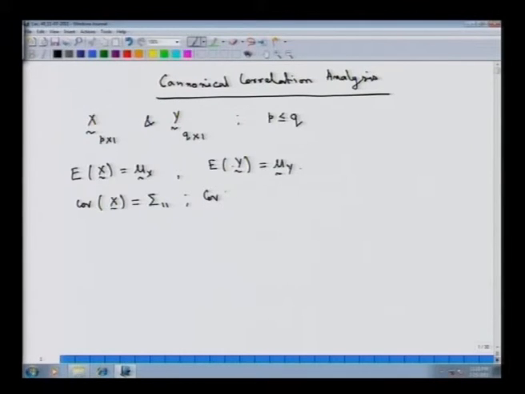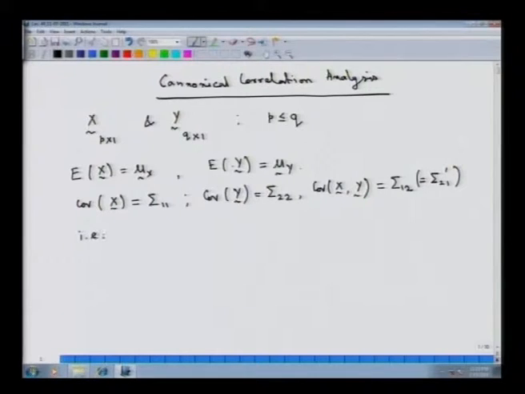The covariance matrix of y is denoted by sigma 2 2, and the covariance matrix between the x vector and the y vector is given by sigma 1 2, say, which is equal to sigma 2 1 transpose. That is, the covariance between y and x would be sigma 2 1. So, the transpose of that will be equal to sigma 1 2.